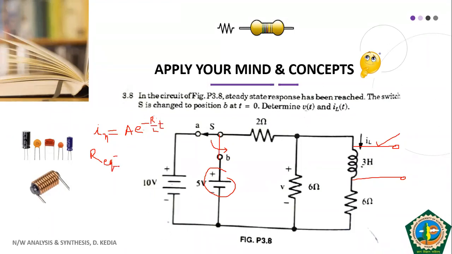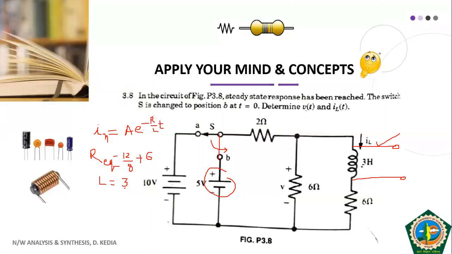If you solve that, you get the value of R equivalent, and L is 3 Henry.